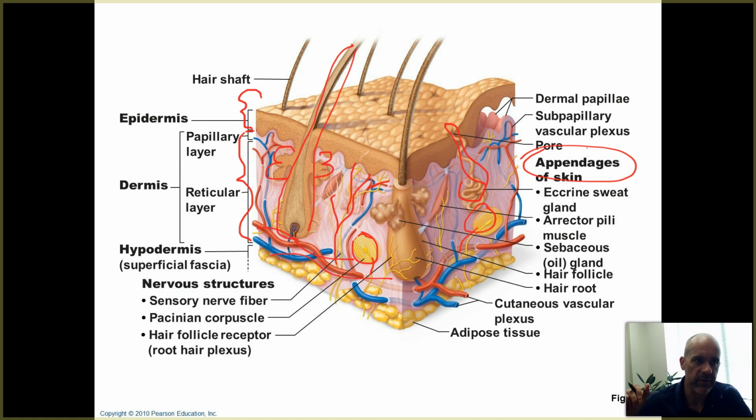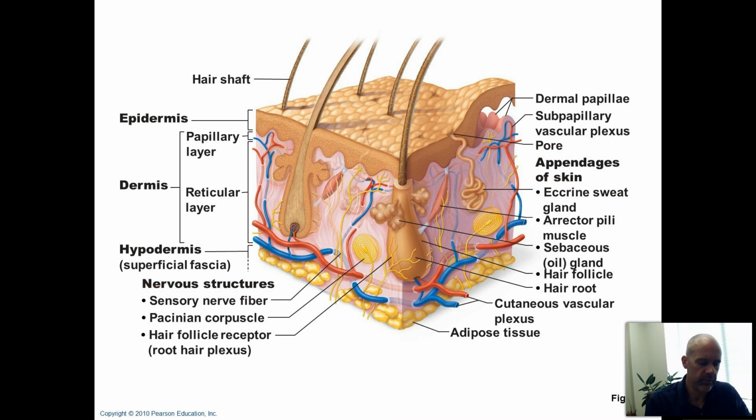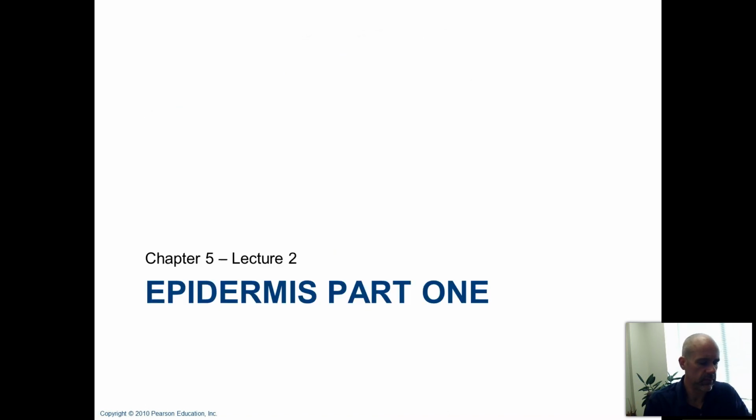So all of those different things are skin accessory structures or appendages that have various roles, and they're all sitting there in the dermis layer of the skin. And then if you go below there, down deeper, moving toward the underlying skeletal muscle, that's going to be your hypodermis, which can also be called superficial fascia. Alright, so that's just kind of a quick introduction to the three.